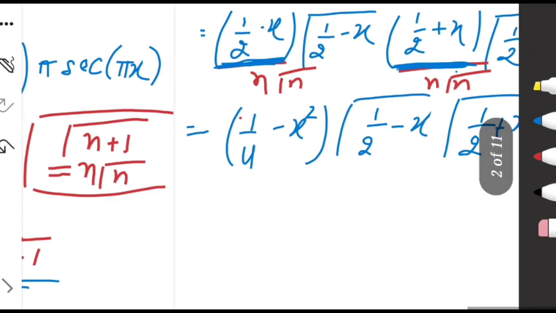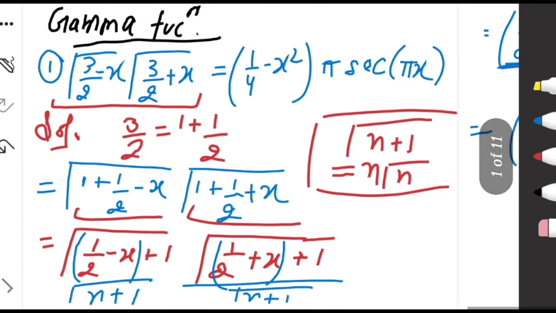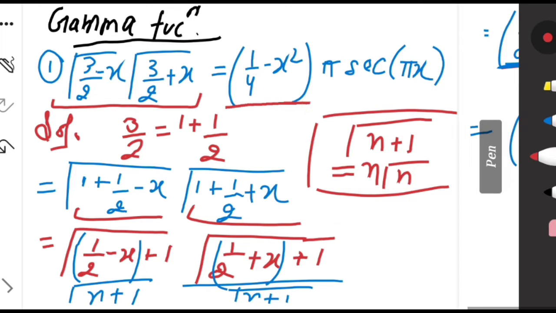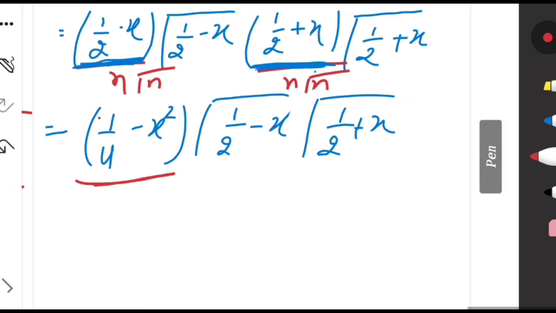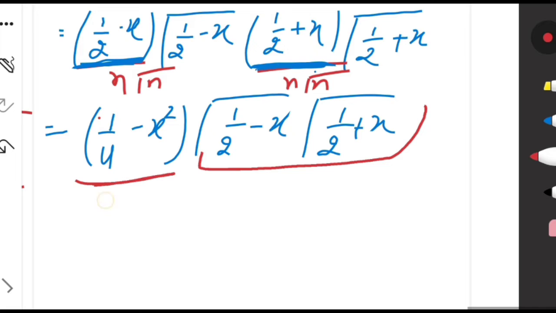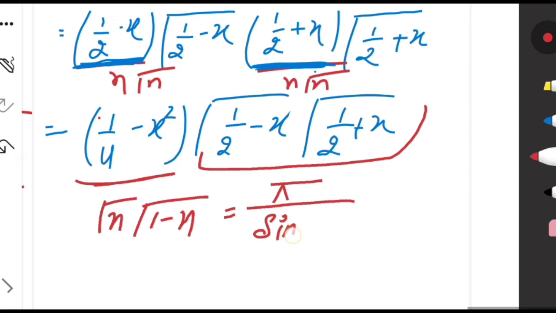Now in the right hand side we have 1/4 minus x squared. So we have got this, but still we have to change the gamma functions. Now I want to make a formula of gamma n and gamma 1 minus n, which is pi by sine n pi.